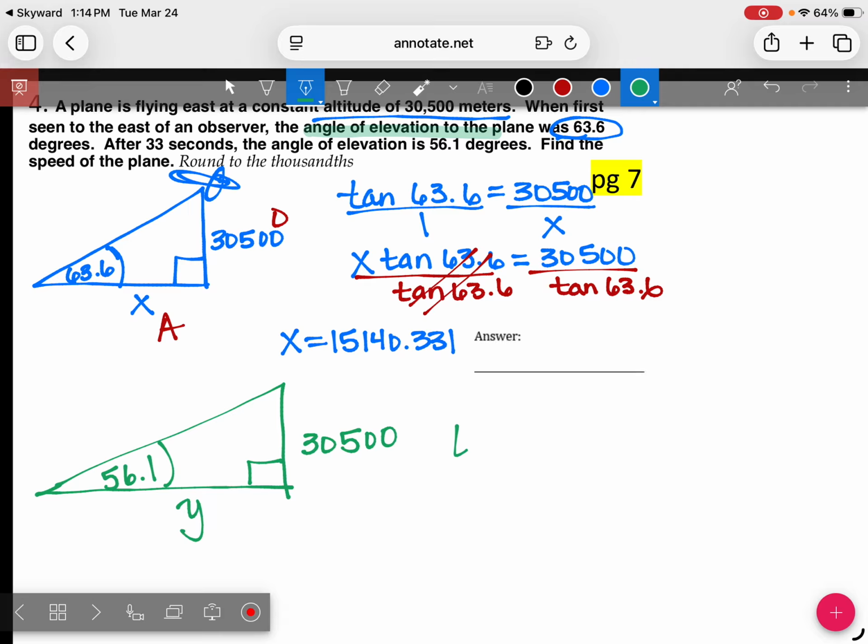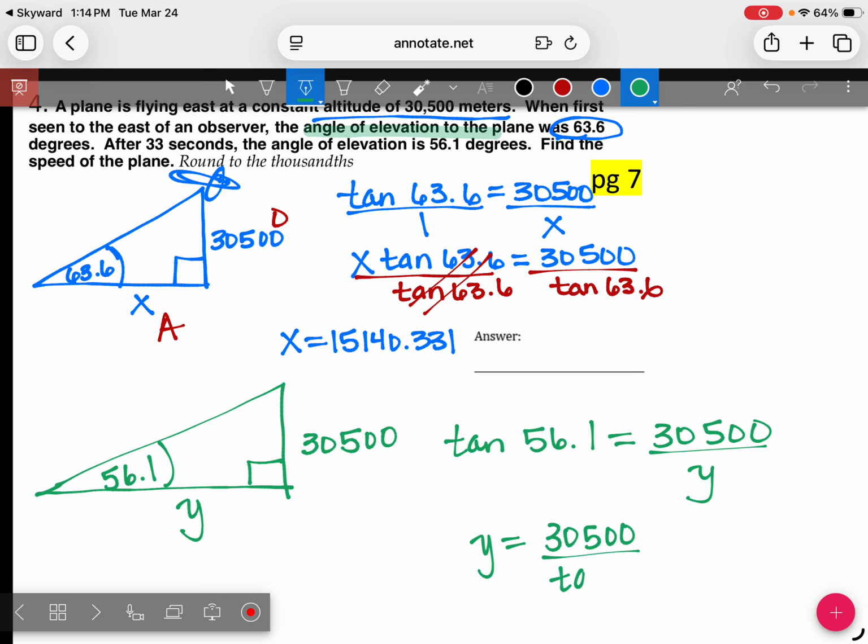So we got tangent 56.1 equals 30,500 over y. And y is going to equal 30,500 divided by the tangent of 56.1.